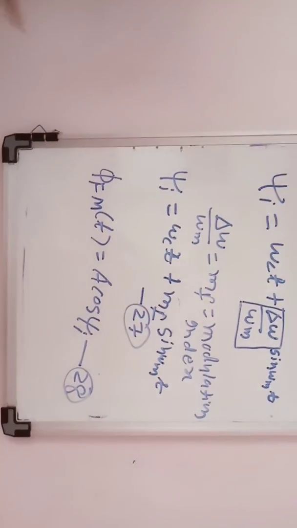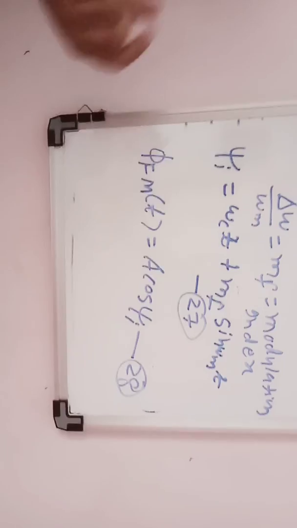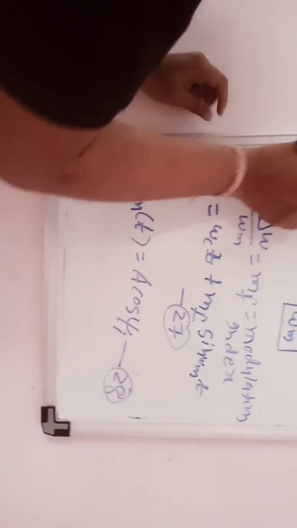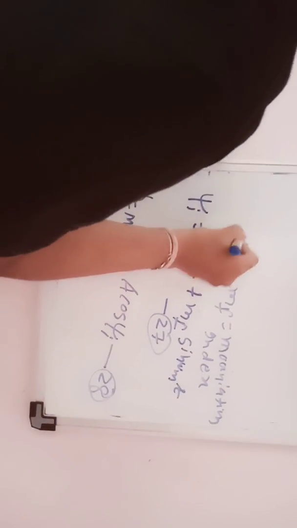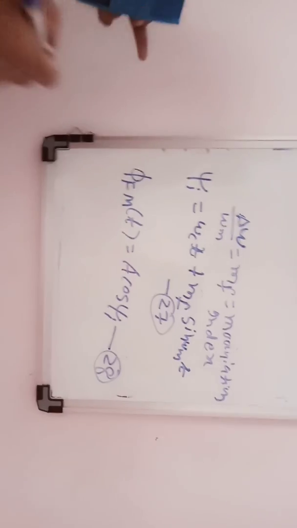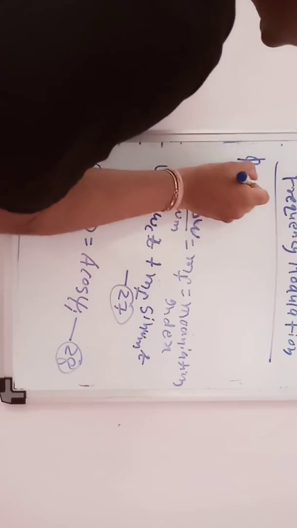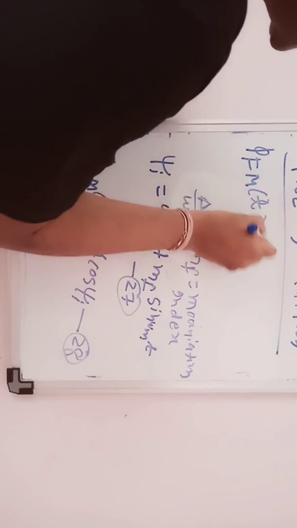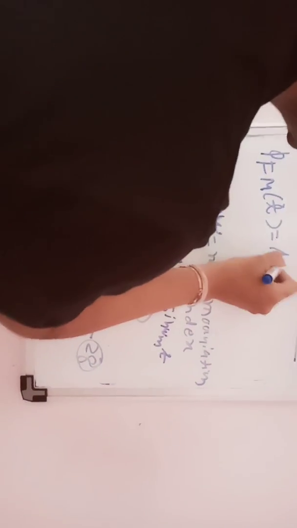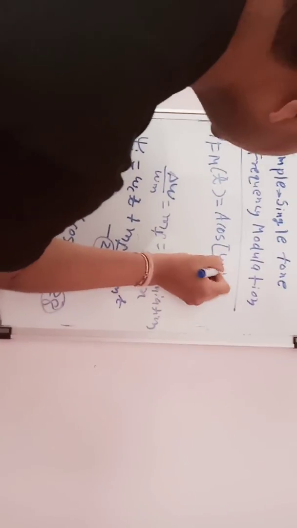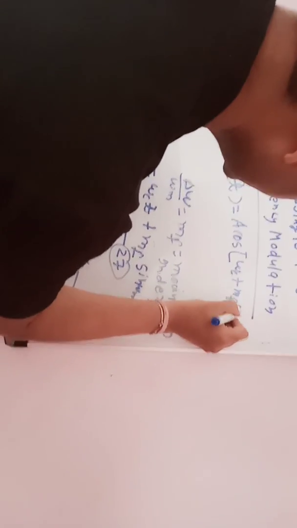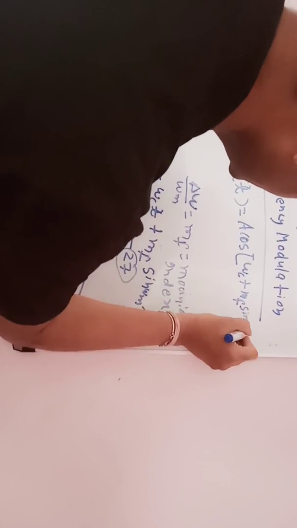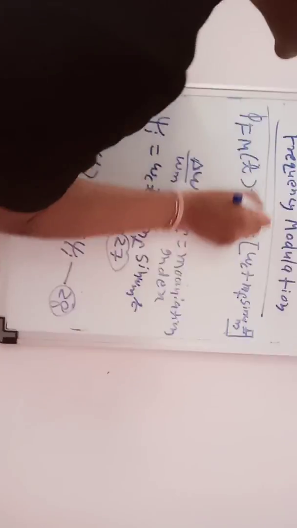Now I will put the value of psi i here, so that I can get the expression for this FM wave. Psi FM(t) is equal to A cos, and in place of psi i I will put omega c t plus m f sin omega m t, and this is the expression for an FM wave.